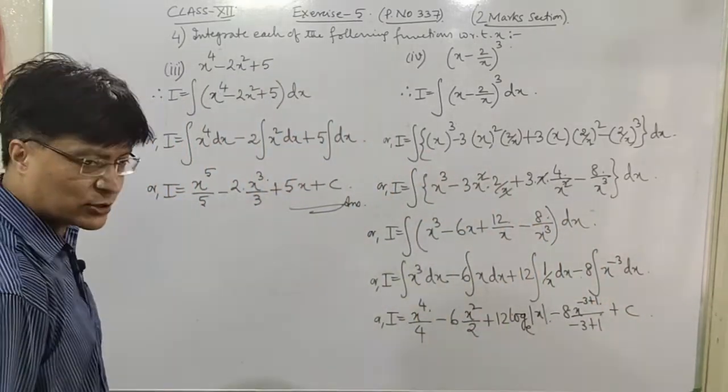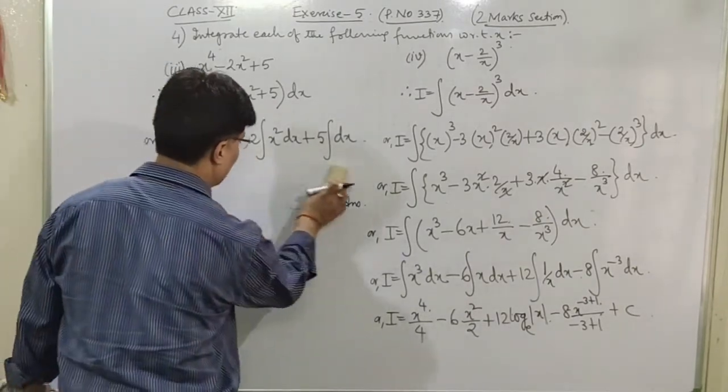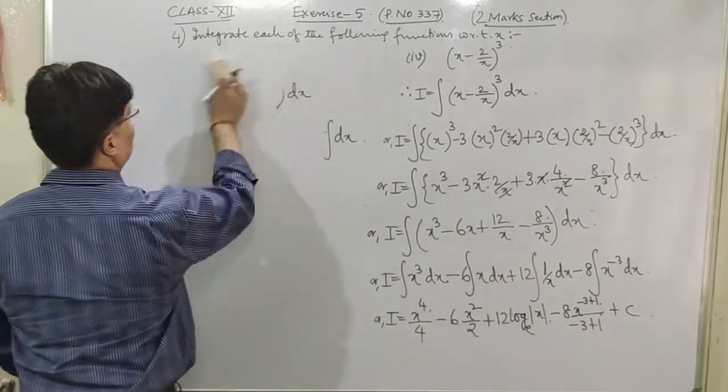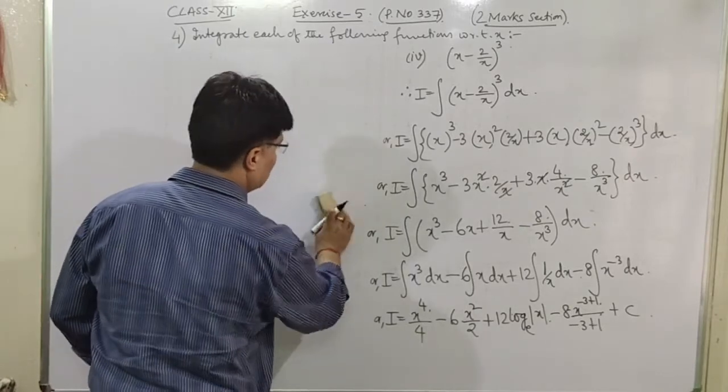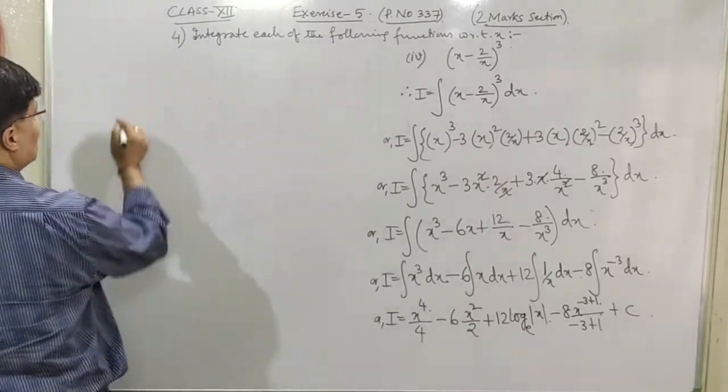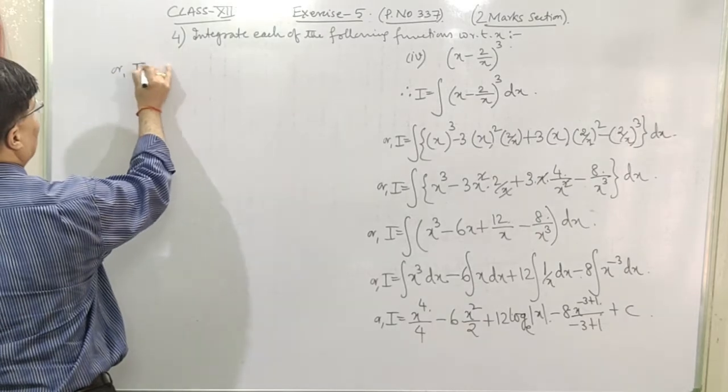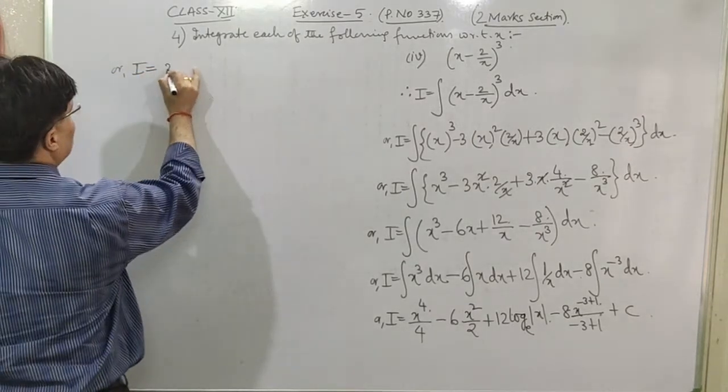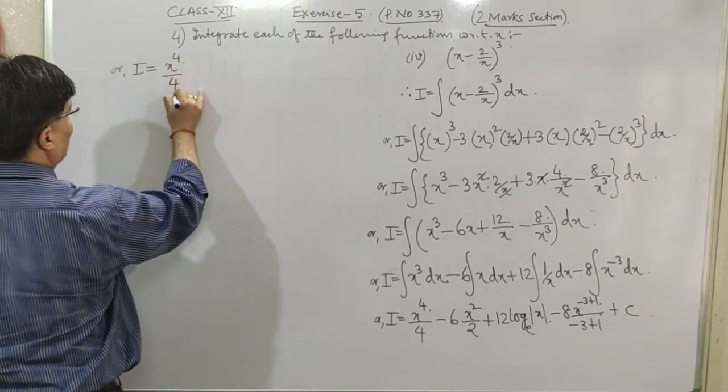So I think you have understood it. So let us simplify it now. So I is equal to x to the power 4 by 4.